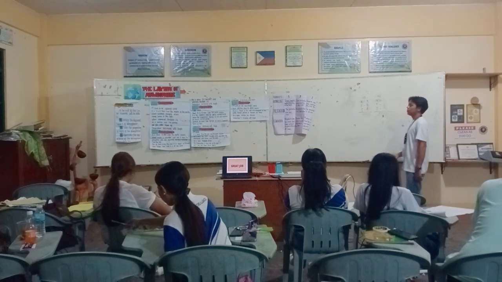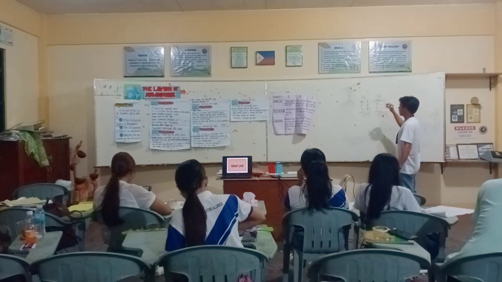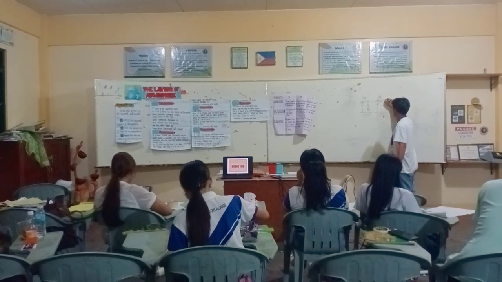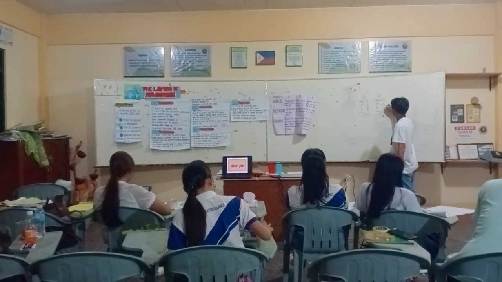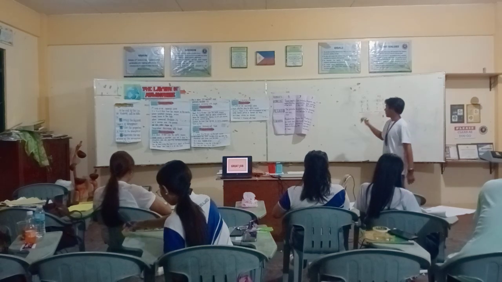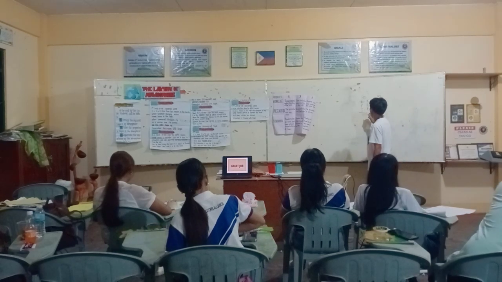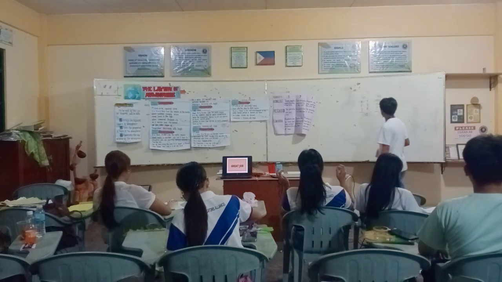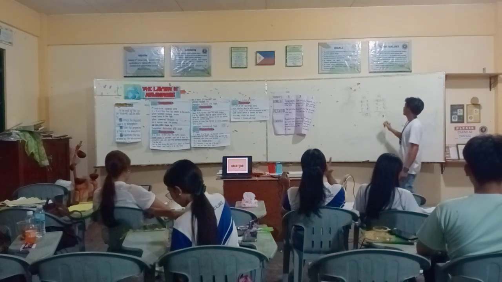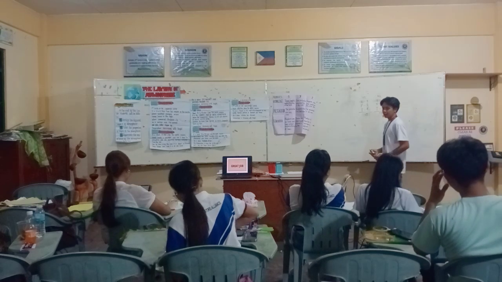For group 2, knowledge, I'll give them 5. For presentation, 5 points, and 5 points. So for group 1, you have a total of 14 points. And for group 2, perfect.